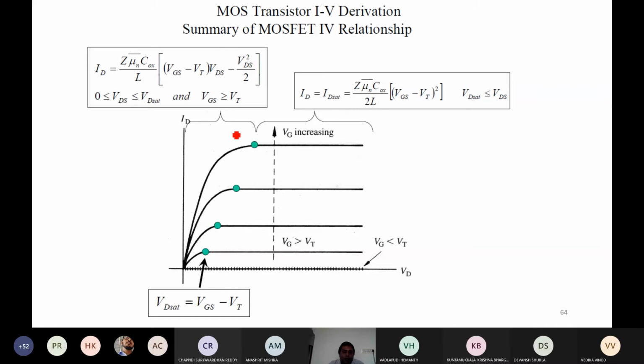So unless pinch off happens, we consider it operating in the linear region. After pinch off, whatever operation happens is called saturation region. And when VGS is less than VT, below this voltage, whatever operation happens is called cutoff region. So all these regions are clear now.